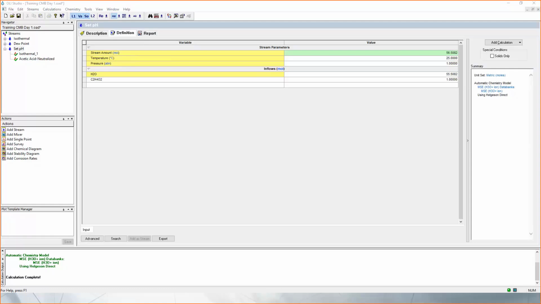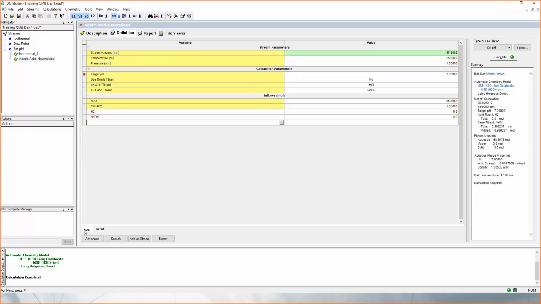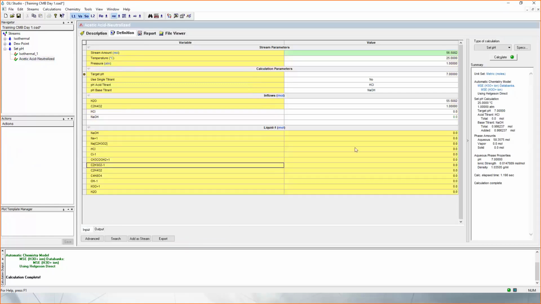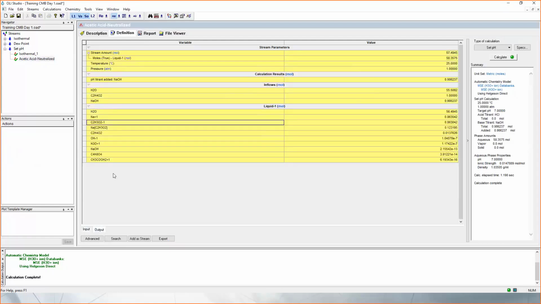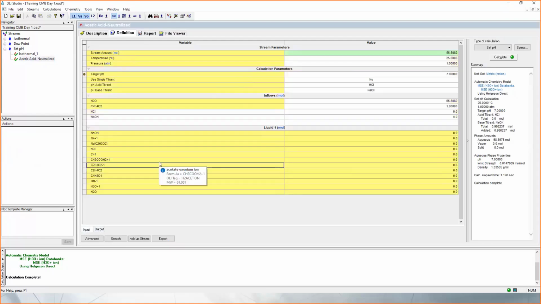Yeah, you need to make sure that you are in your output tab here. So make sure that you are not in input, because in input, if your liquid 1 is all zeros, oh, I see what's happening. So yes, always make sure that you go to the output tab to get the results, because in the input tab, nothing has happened. The calculation really doesn't happen. The calculation happens in the output tab.